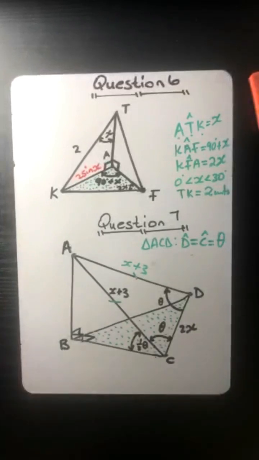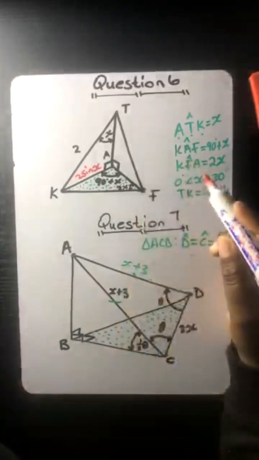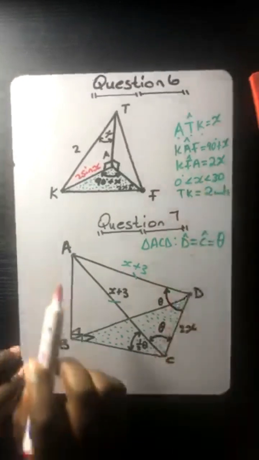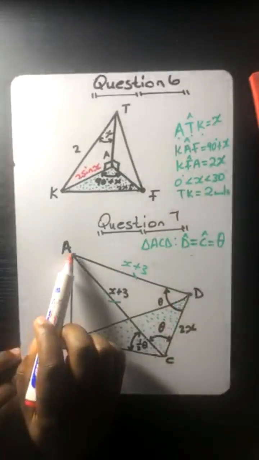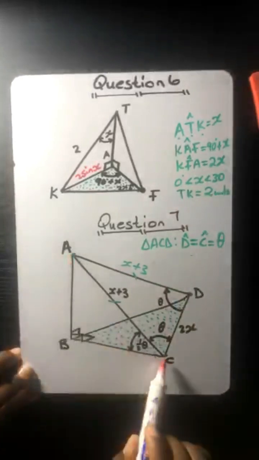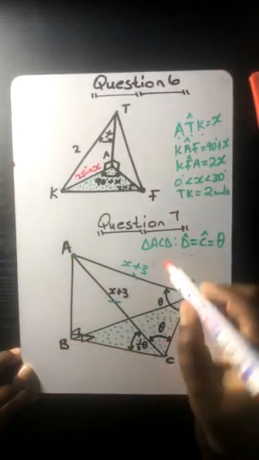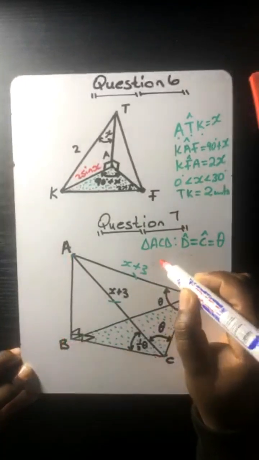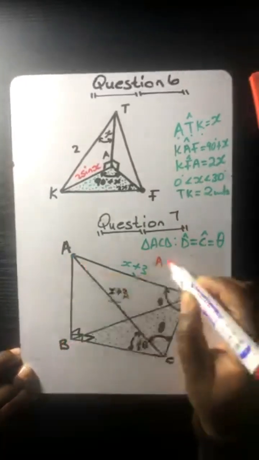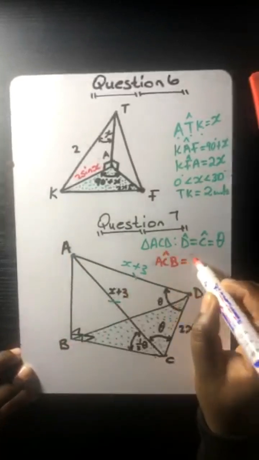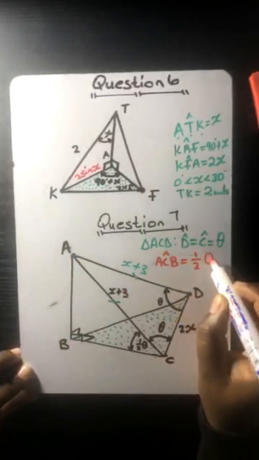Okay, so also in triangle ACB, angle C, it is the one which is half of theta.